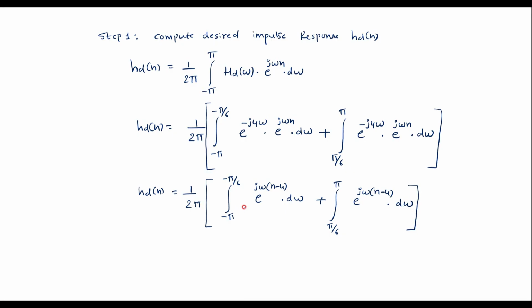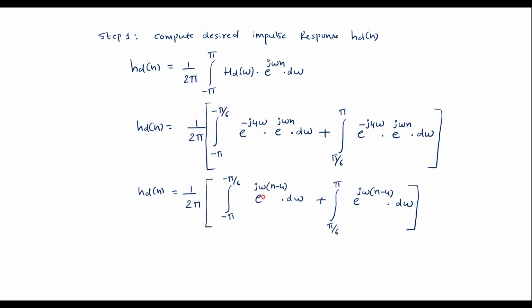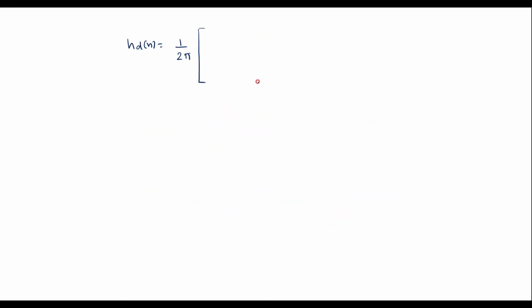So now we'll take the integration of these two terms. Simplifying this, HD of n is equal to 1 over 2 pi, the integration of e power j omega times n minus 4 gives e power j omega times n minus 4 divided by j times n minus 4.